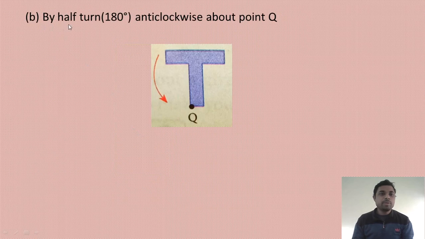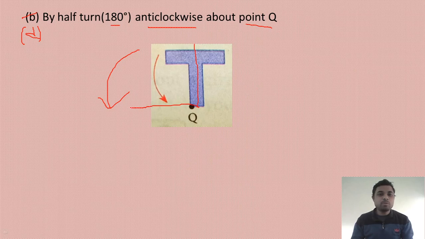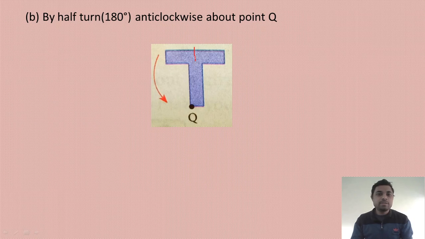Next, by half turn anticlockwise about point Q. Here see the name from your book. It will be D. By half turn, 180 degrees anticlockwise. Anticlockwise means this rotates in this direction about point Q. So here if you rotate anticlockwise 180 degrees, rotating up to this will be 90 degrees.